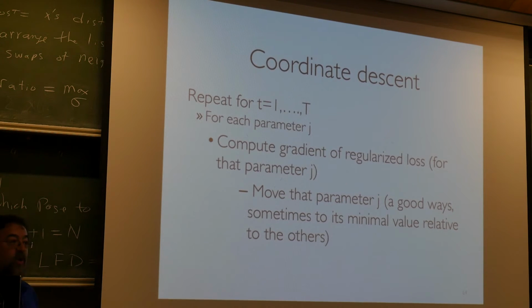I'll say, if I just wanted to change this one feature, how would I change it? So you look at the gradient for that feature, and then you move that feature, often a long way. You might do a line search to figure out that feature's optimal value, and then you go to the next feature and set it, and so on. So this is called coordinate descent.